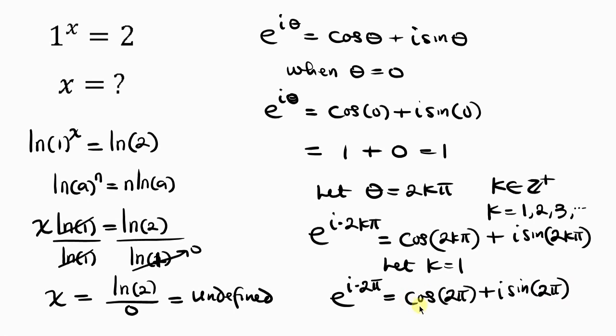Now, actually, cos 2 pi is 1, while sine 2 pi is 0. And when you multiply that with i, we're going to be having 0. So this is 1 plus 0, which gives 1. Now, let's try for when k is equal to 2. Let's do that on the next slide.